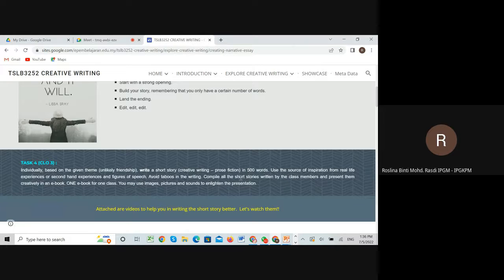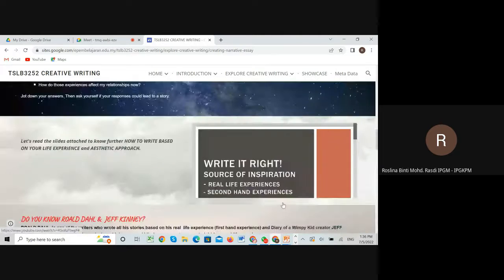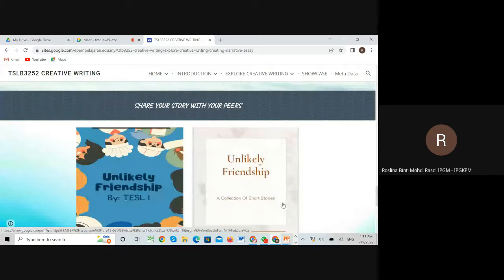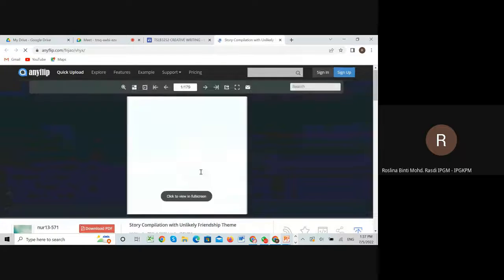They are to compile all the short stories written by the class members and present them creatively in an e-book. One e-book is to be produced by one class. They may use images, pictures, and sounds to enlighten the presentation.